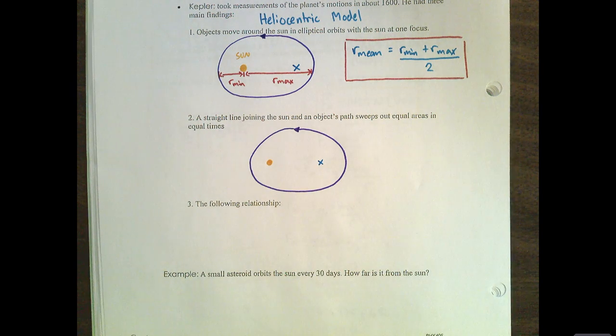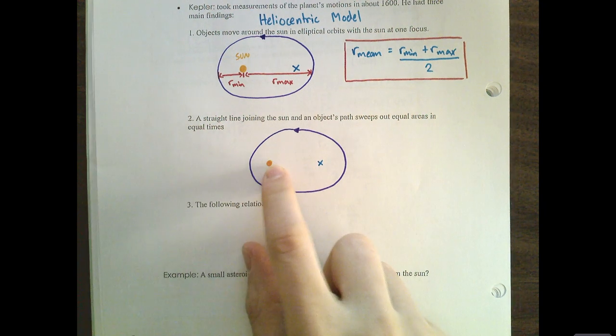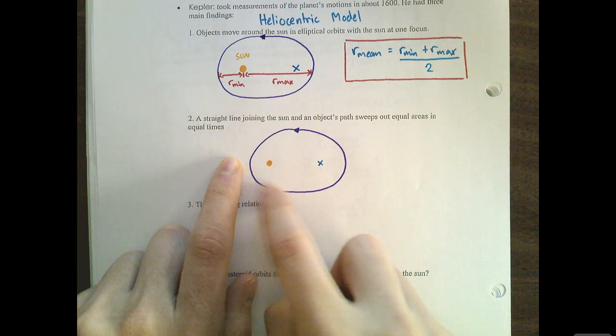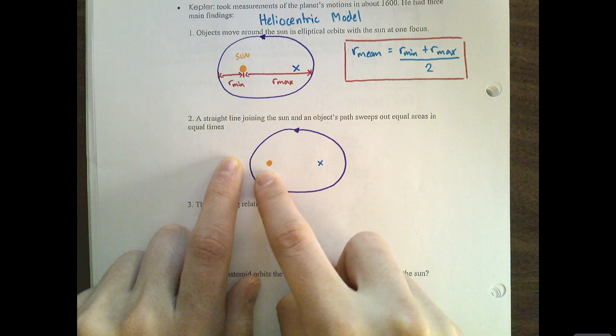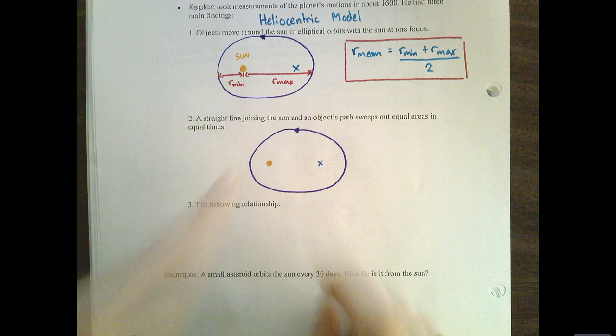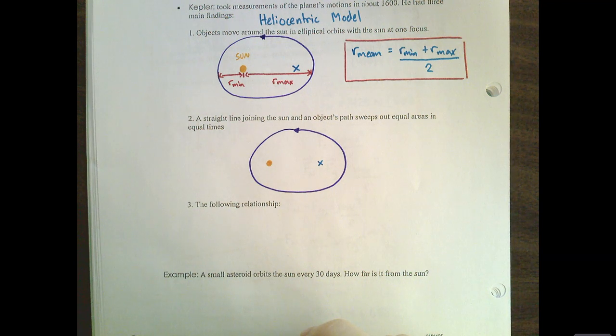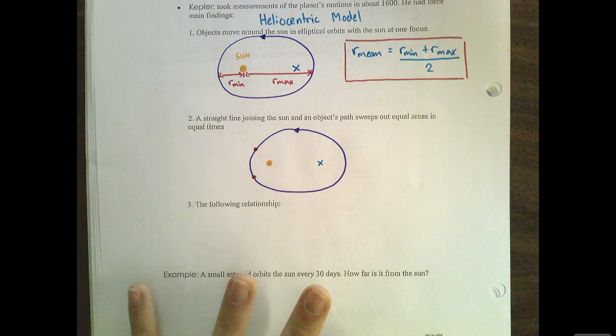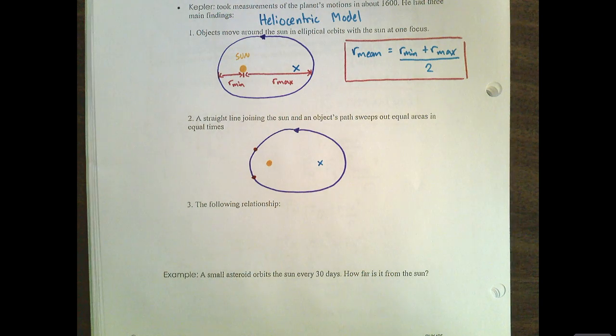Okay, and what this second idea here is stating is that when we get closer to the sun, the gravitational pull of the sun, when we get closer, our object in motion will speed up because of the gravitational pull, and it'll slow down a little bit here. And what ends up happening is that we have, if I sweep out areas, so for example, if I take a spot right here, now the drawing's not going to be perfect, but if you just follow along with the math, it will work out.